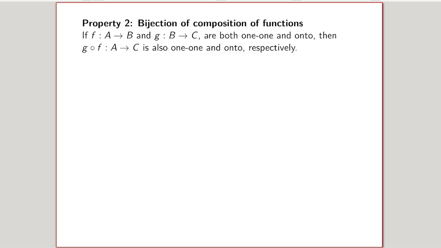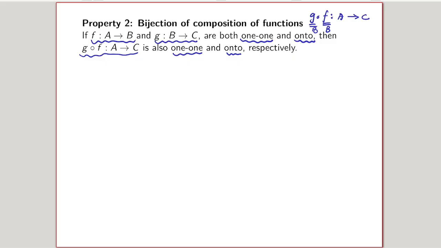If the functions f from A to B and g from B to C are both 1-1 and onto, we know that it is possible to define g composition f from A to C, because observe that the domain of g, that is B, and the codomain of f, B, both are the same. So this composition map exists.